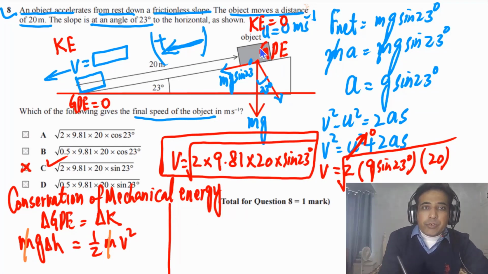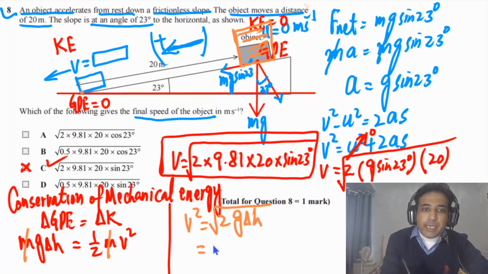This is a very important point. It doesn't matter if I have a big box or a small box, they will reach this point with the same speed if we release them from the same height. A beautiful point you need to understand. So from here we can say v square will be equal to 2g delta h, root of this one. So we have 2 and g, that is equal to 9.81.